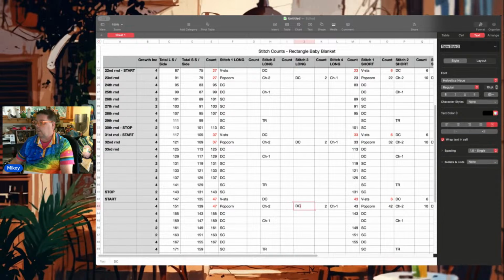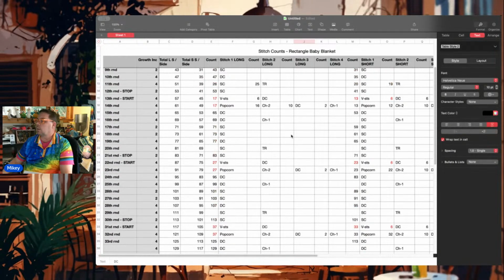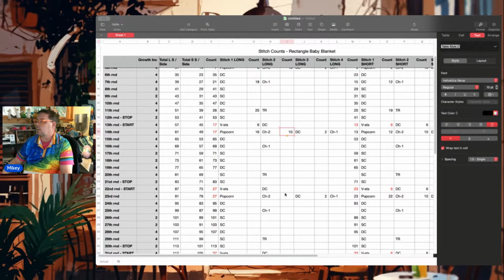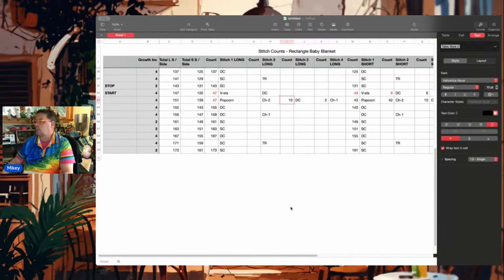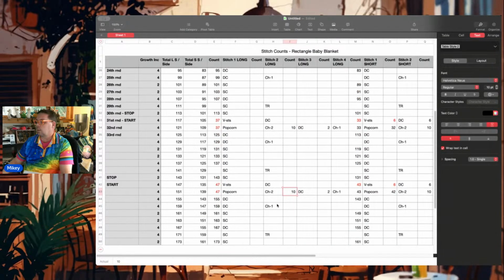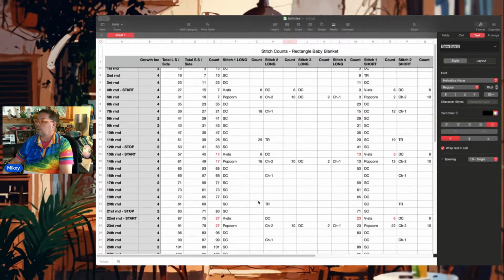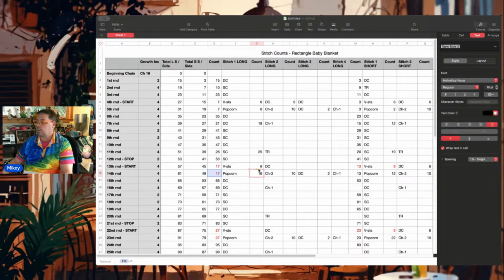And double crochet. I'll take that number. So we take these 2 here, and we copy them down.